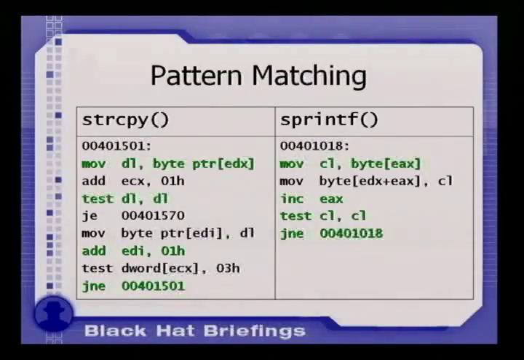So what I attempted to develop was a pattern matching technique by cross-referencing using different compilers and compiling all of the vulnerable functions like string copy and sprintf, these are just two examples, and find out what they have in common, what's similar between all these things. What are we looking for when we actually disassemble an executable?